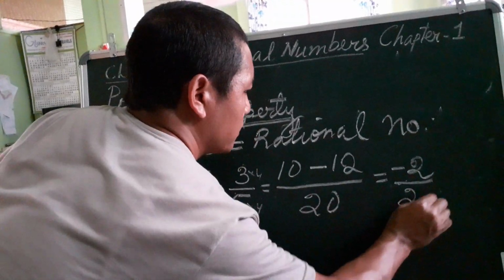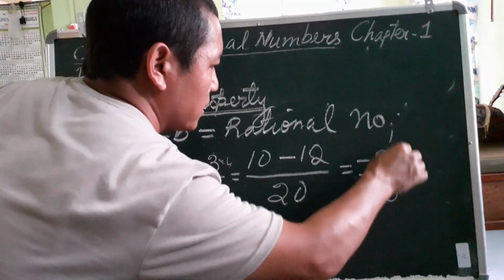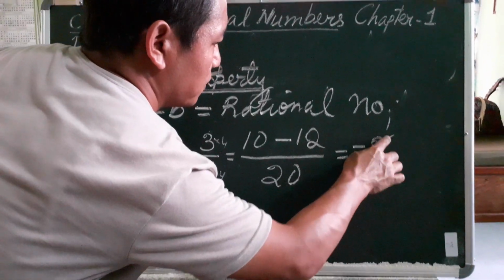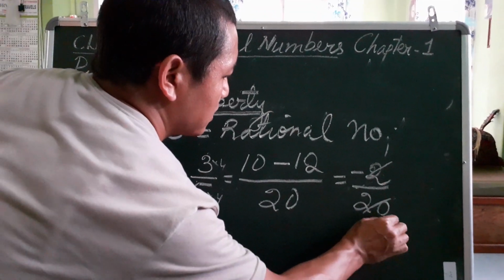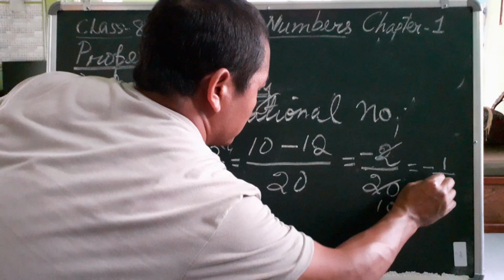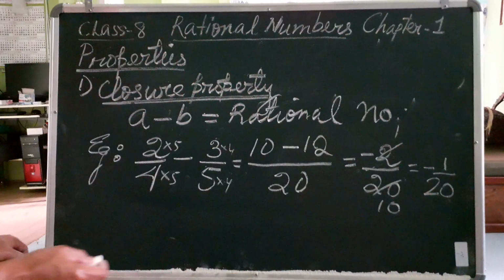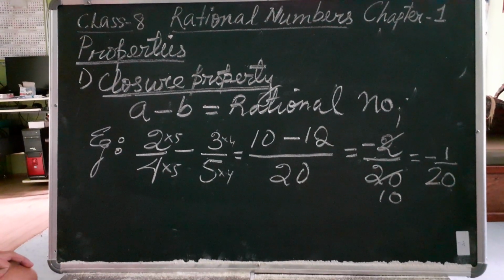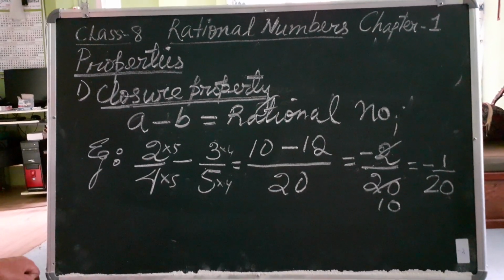Minus 2 by 20, or this can be cancelled. Minus 1 by 10. So this is closure property of subtraction.